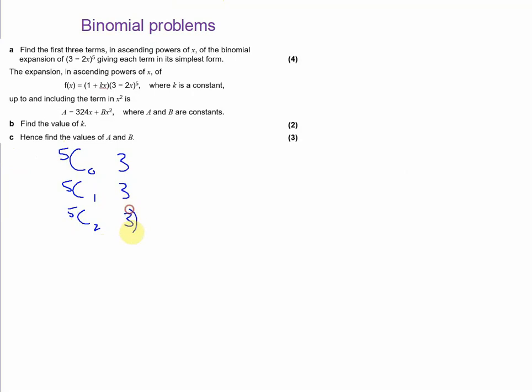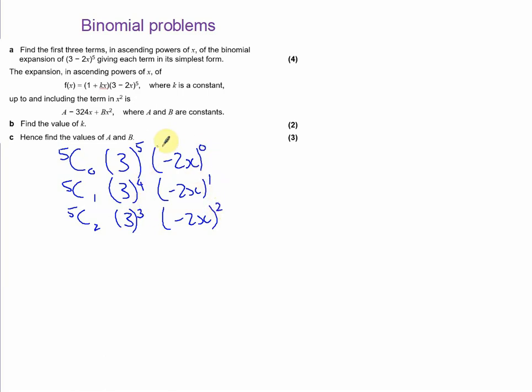First term written 3 times. And the second term written 3 times. Count down the powers. Count up the powers. Just check, do all the powers add up to 5? Yes, they do. Let's work this out.